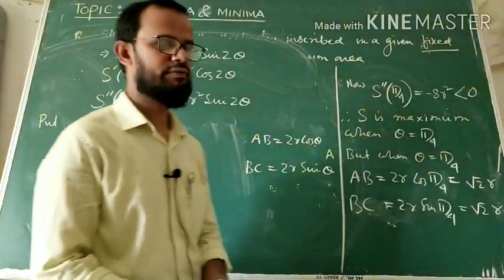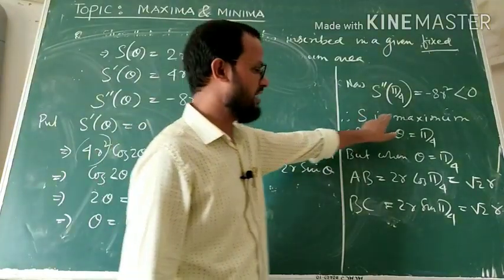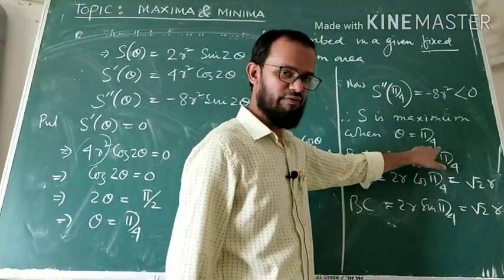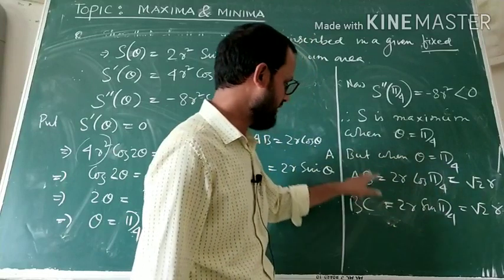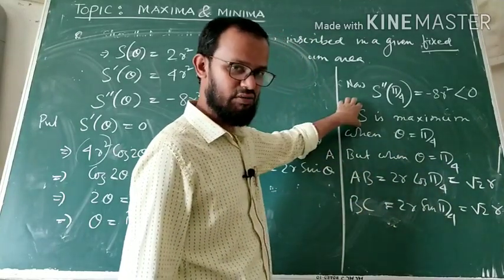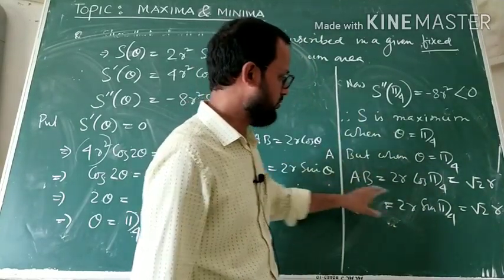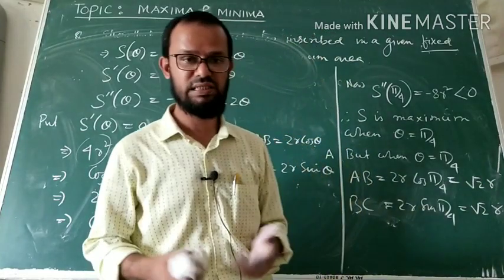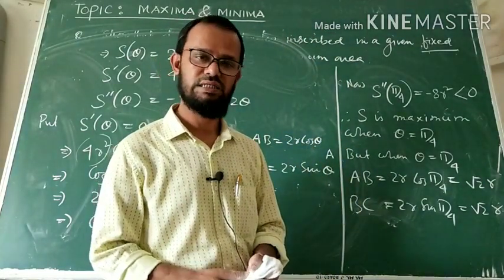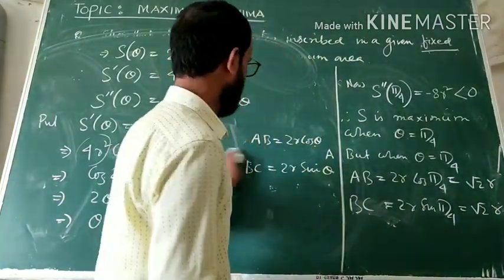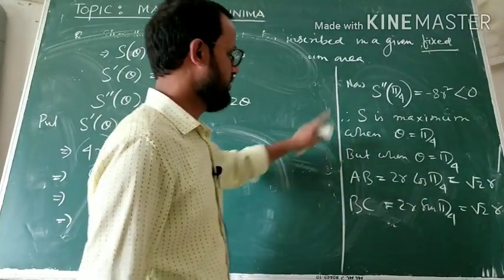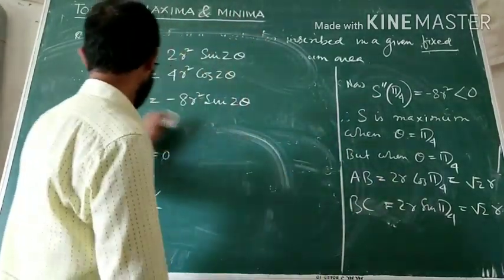Finally, what do we get? The area is maximum when theta equal to pi by 4, and when theta equal to pi by 4, the length and breadth of the rectangle, whose area is maximum, both become equal. It means the rectangle becomes a square. So finally, area is maximum when the rectangle becomes a square.